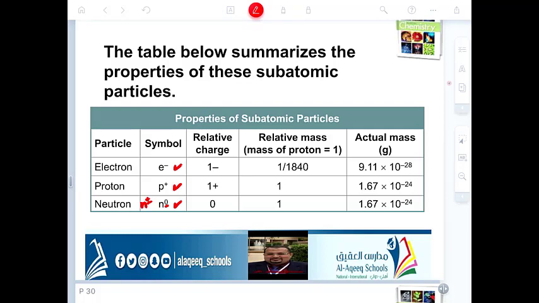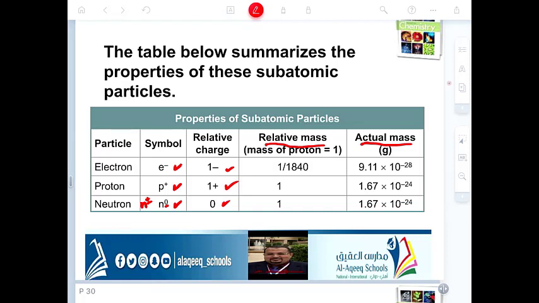Relative charge is negative 1 for the electron, positive 1 for the proton, and 0 for the neutron because it's neutral. But we also have something called relative mass, and also actual mass and actual charge.